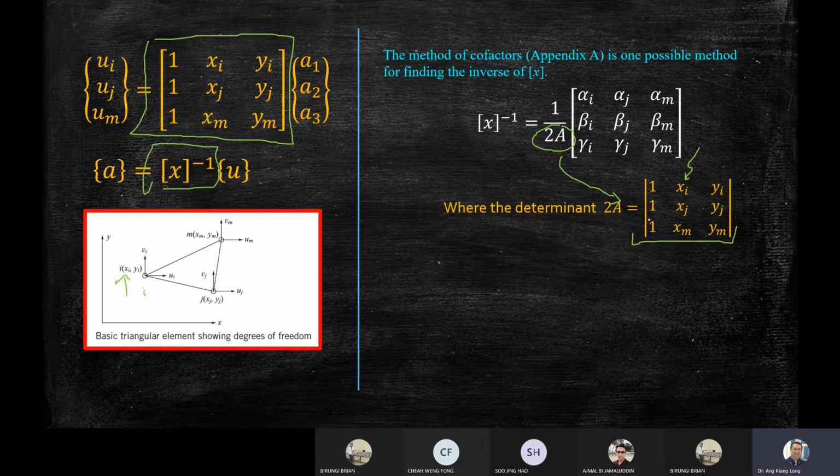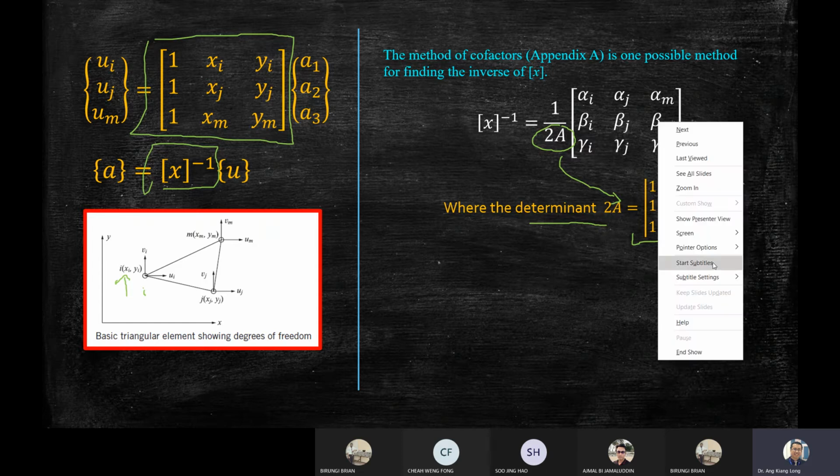So it's a plug and play kind of game. Again, I already introduced you to the online matrix calculator. You can find the determinant of 2A very fast. You just need to key in these 9 numbers inside the online calculator, press, and then find the determinant of all these numbers.